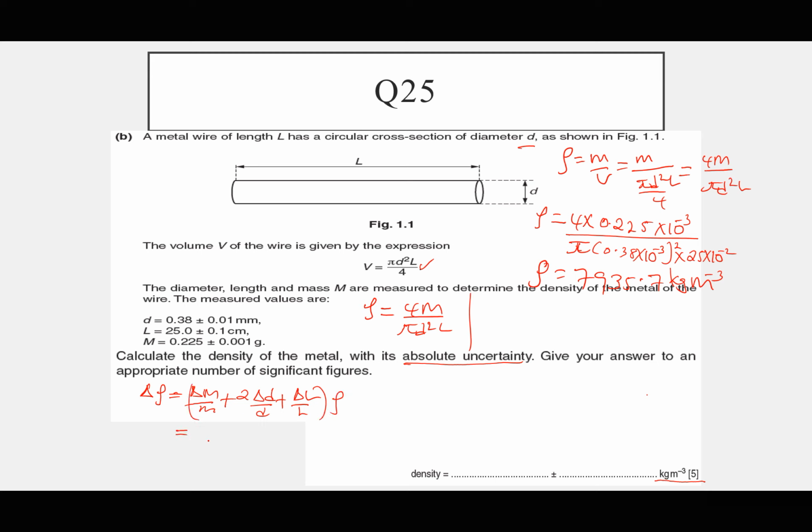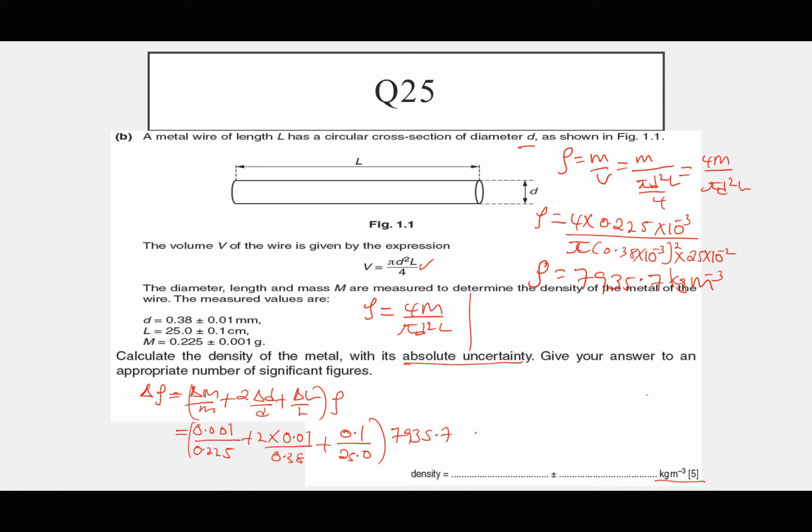By simple substitution, in m I have 0.001 divided by 0.225, plus 2 times 0.01 divided by 0.38, plus in L 0.1 divided by 25.0. Then I multiply this by density, which we have got there, 7935.7.